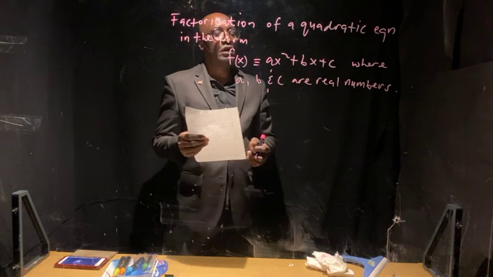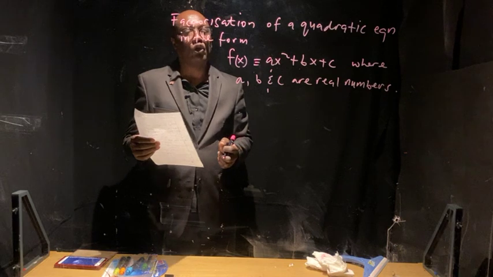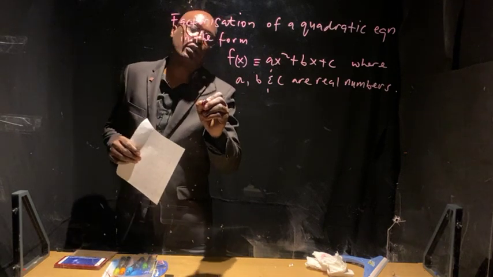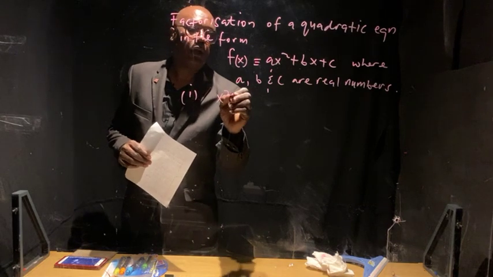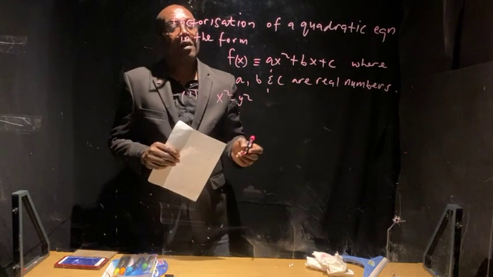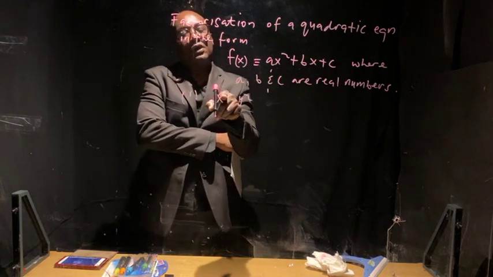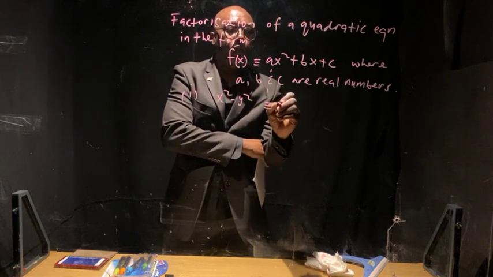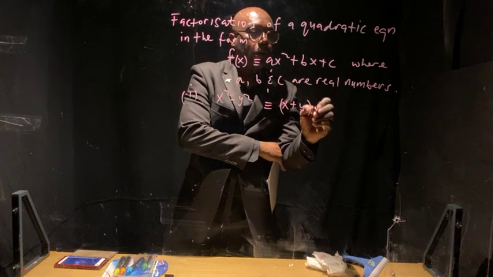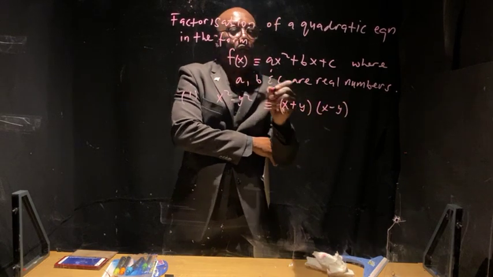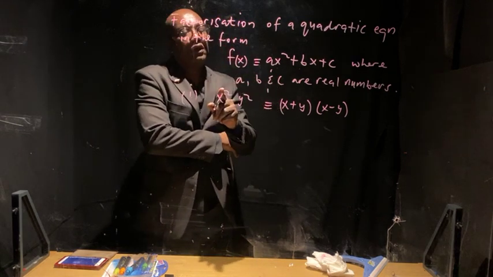Before we proceed, there is something important that I want you to know. If you have any expression like this, x squared minus y squared, we call this a difference of two squares. It is no different from x plus y times x minus y. Such an expression is very common in partial fractions.